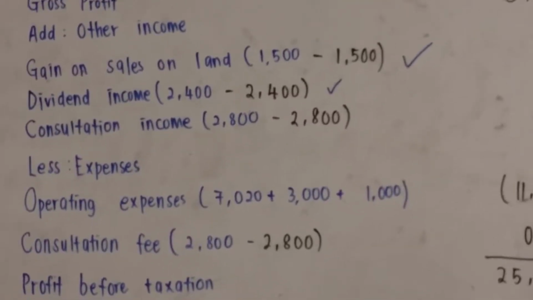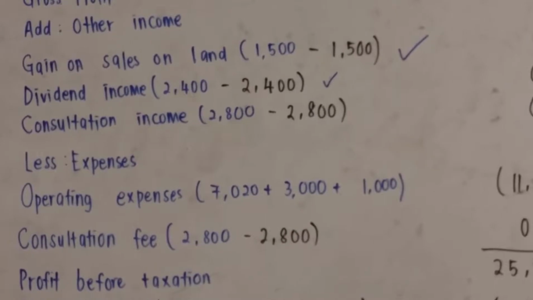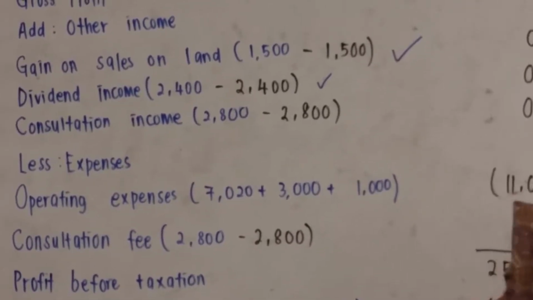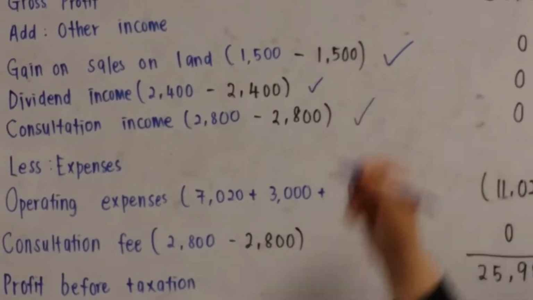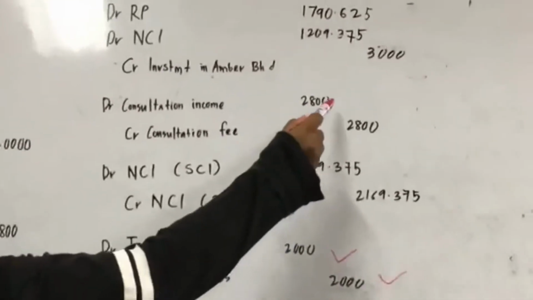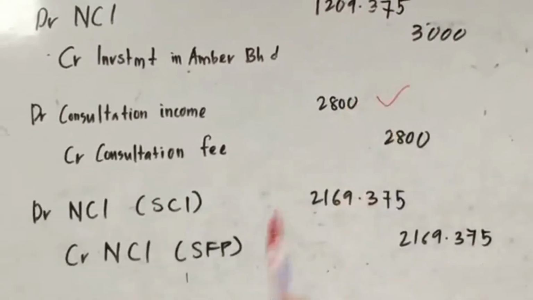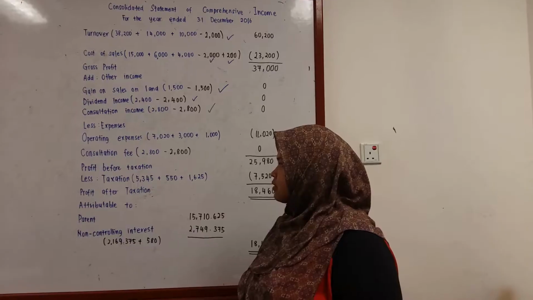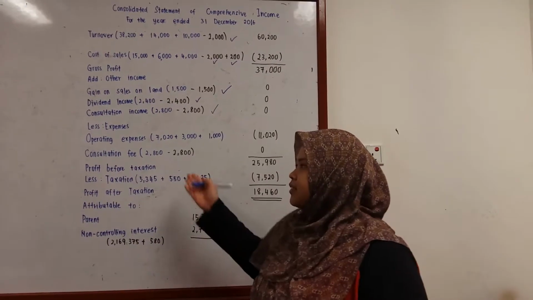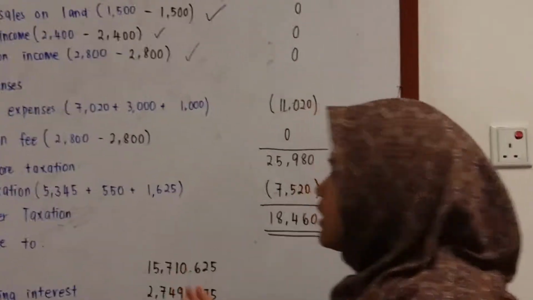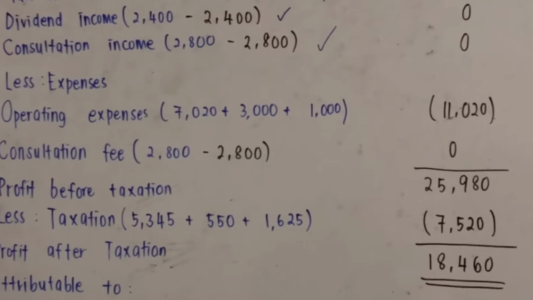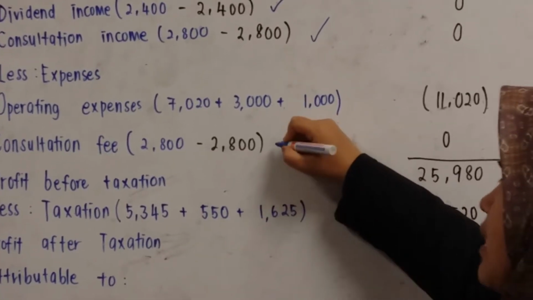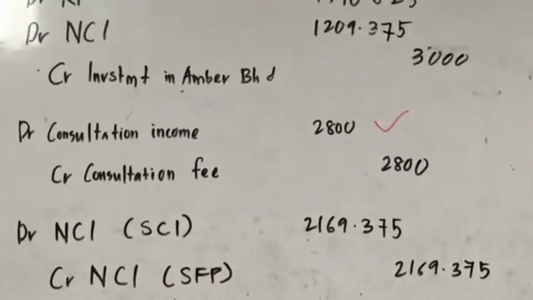And for the consultation income, in the journal entry we debit the consultation income for 2,800, so over here we need to minus 2,800. As for the consultation fee, in the journal entry we credit the consultation fee for 2,800, so over here we need to minus 2,800.